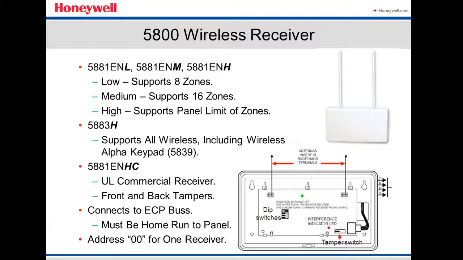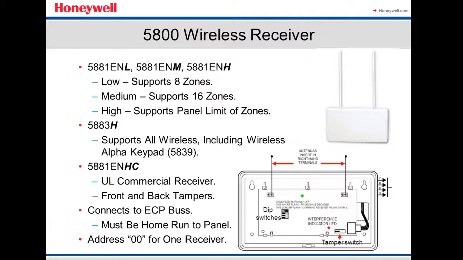We have the AC, which is the commercial one. The commercial one is a little more powerful. It covers a little more distance, for the wireless RF frequency. Also, this one connects to the ECP bus.